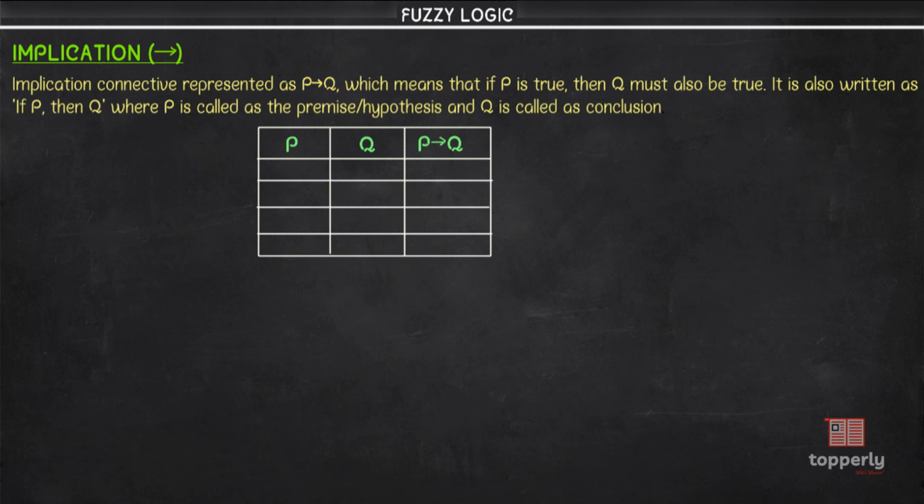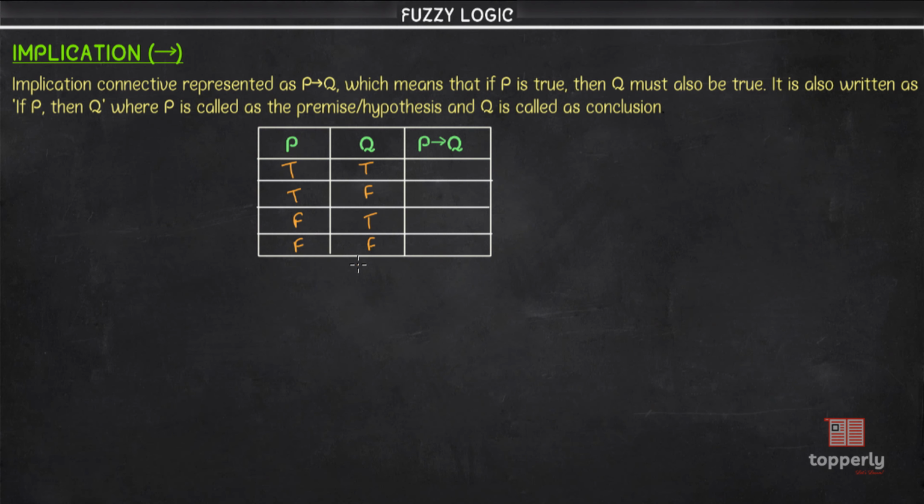As you can see, here we have the P proposition and the Q proposition, connected by the implication connective. Let's fill the truth table with P as true, true, false and false, and Q as true, false, true and false. Now to understand this truth table properly, let's consider an example.